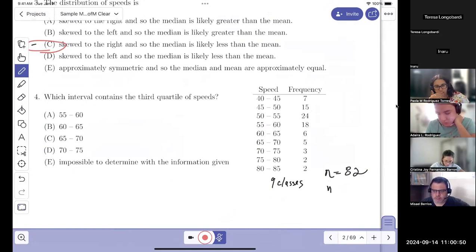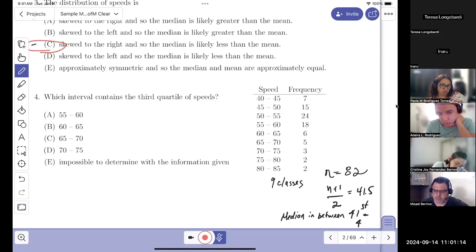So n plus 1 divided by 2 is 83 divided by 2, which is 41.5. So it means the median is in between the 41st and 42nd observation in the ranked list.